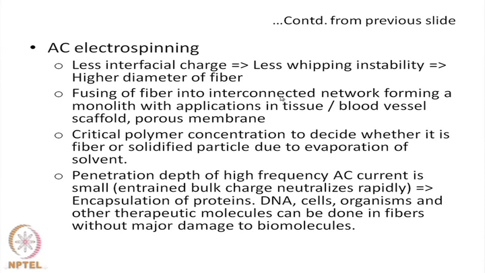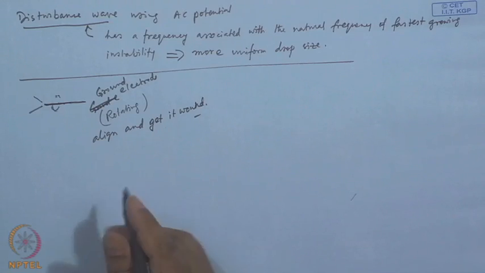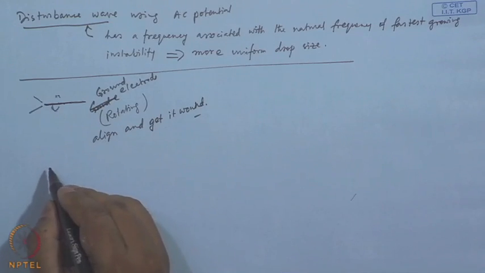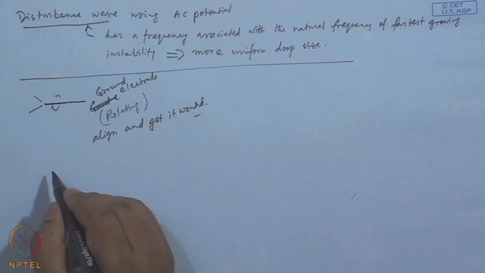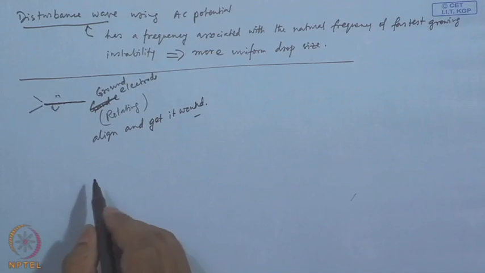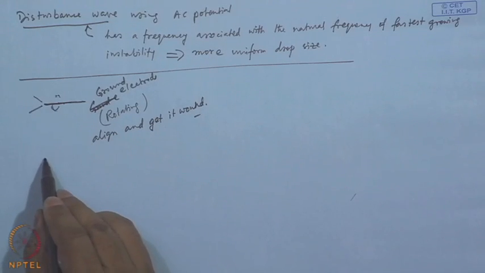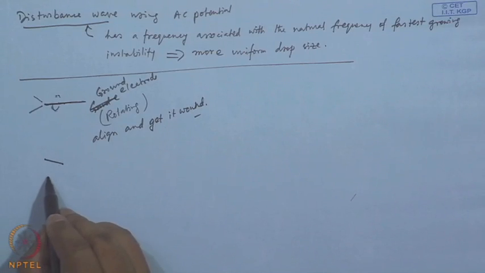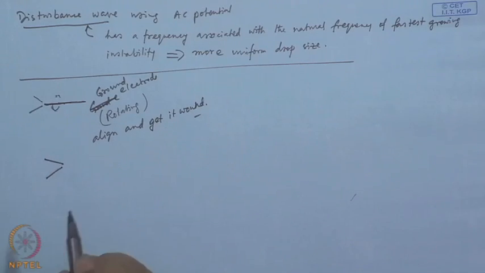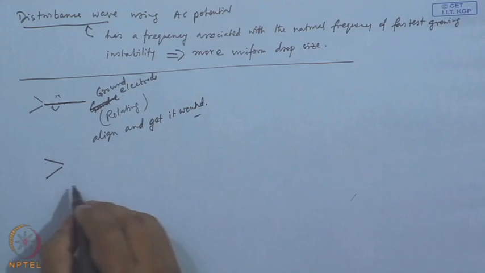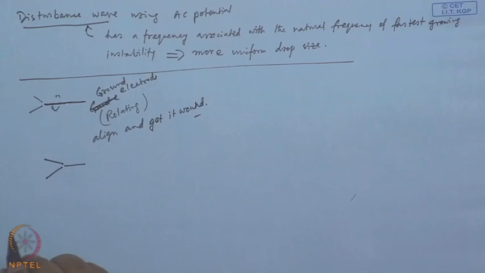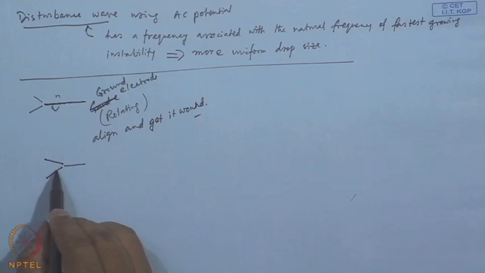Now, the other thing is, you have to understand the fact that there is an AC field which is operational here. So, a cone is formed, and then a fiber is ejected, and at the next moment the charge on the fiber is changed.